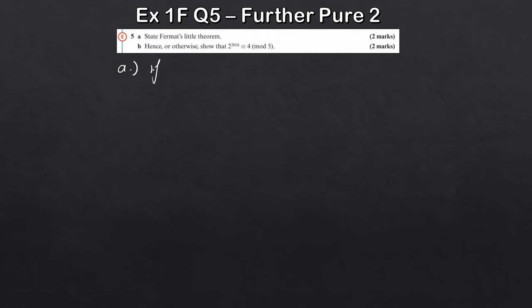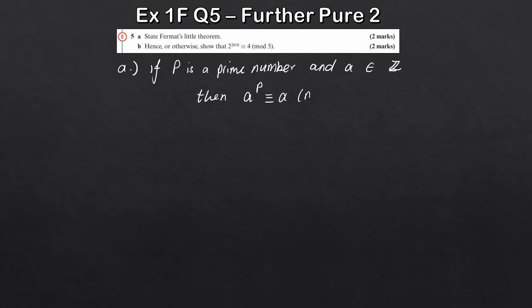So if we have p, which is a prime number, and we also have a, which is just any integer, and a belongs to the integers, then we can write this as a to the power of p being congruent to a mod p.